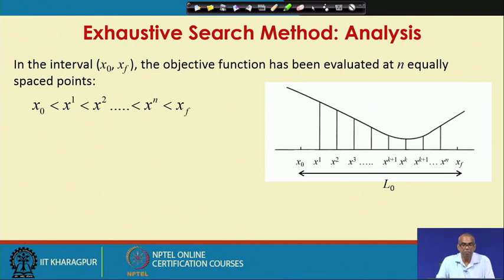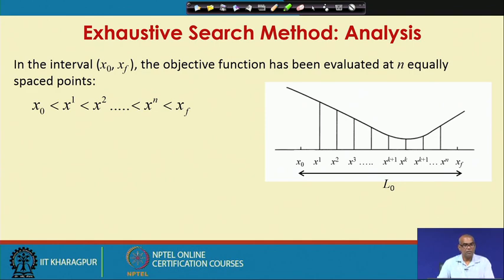So, let us present a very brief analysis of this exhaustive search method. In the interval x0 to xf, the objective function has been evaluated at n equally spaced points. Those points are x0, x1, x2, up to xn and xf.